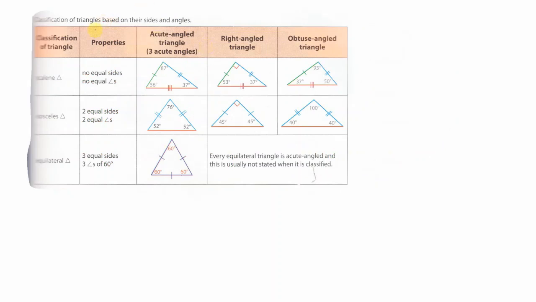So now let's look at the classification of triangles based on their sides and angles. Now if you think of classification, you can basically think of grouping things together based on their characteristics.